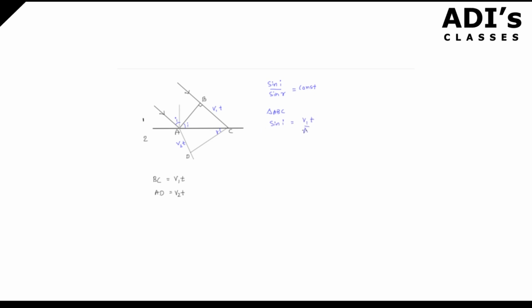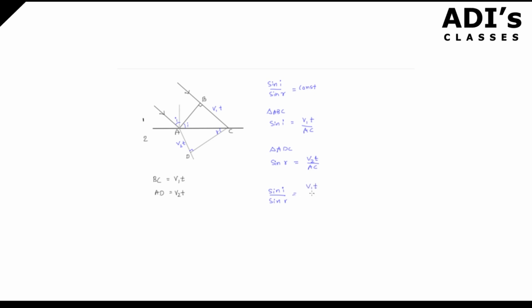According to Snell's law, sine I divided by sine R should be a constant. If we prove this is true, then we can explain the laws of refraction when light behaves as a wave. This is V1 into T, this is V2 into T.